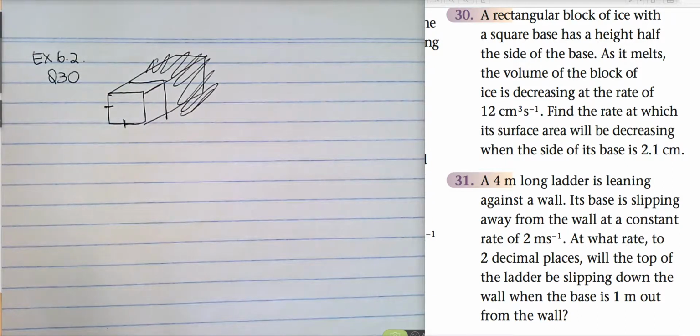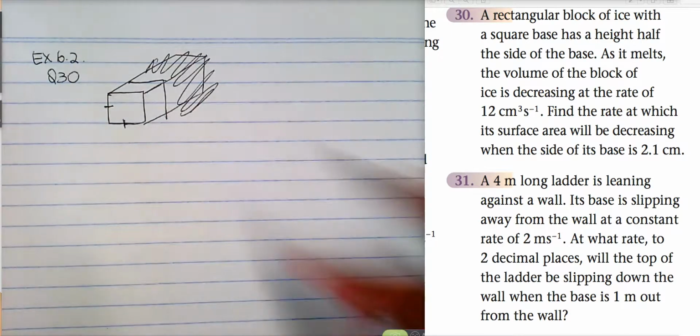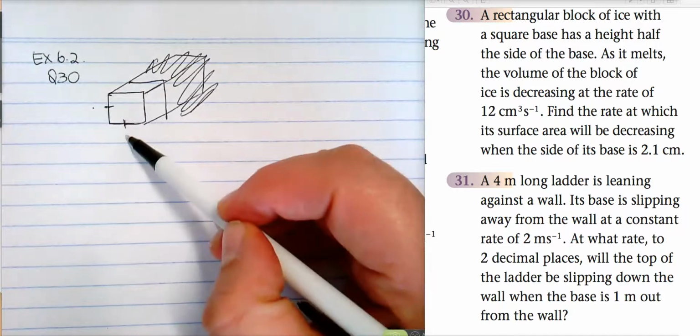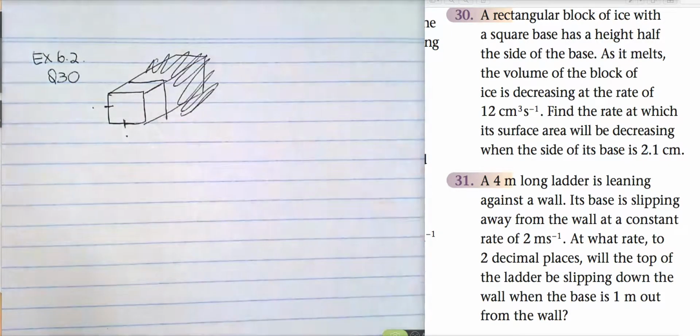It has a height half the side of the base. So we've got a few options here. We can either let the base, so if we've got x, on question 30, a rectangular block of ice with a square base has a height half the side of the base.